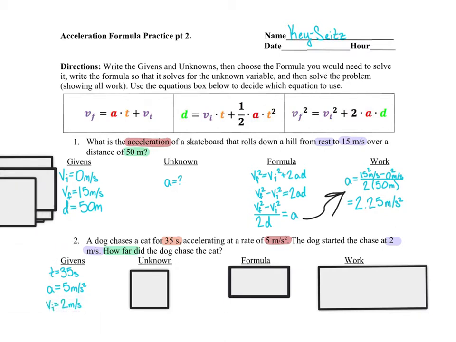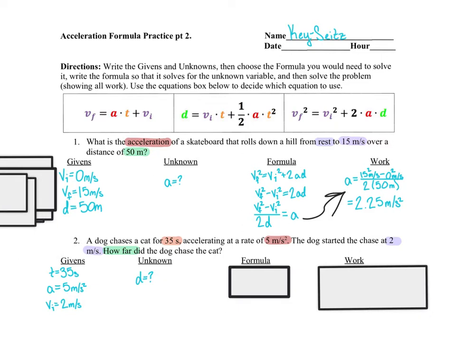So our 3 givens are time, acceleration, and initial velocity, because it says he started the chase at 2 meters per second. But what's our unknown? Well, the last part of this question says how far did the dog chase the cat? Remember that how far is the phrase for distance. So our unknown is distance.